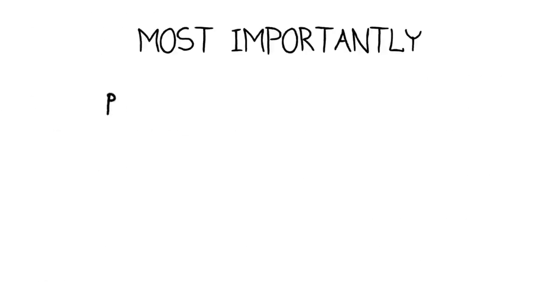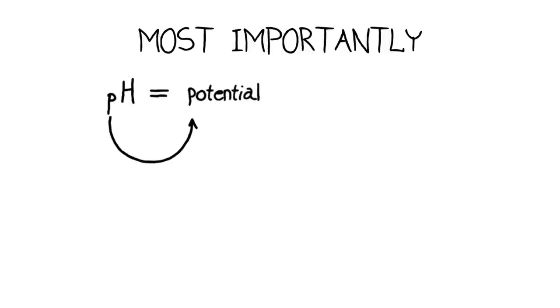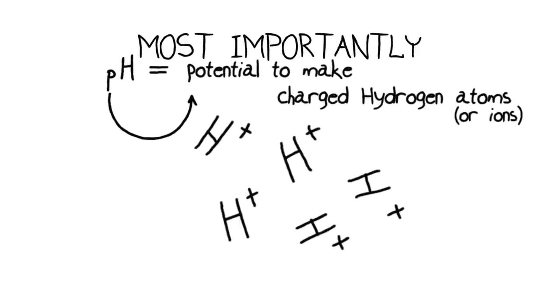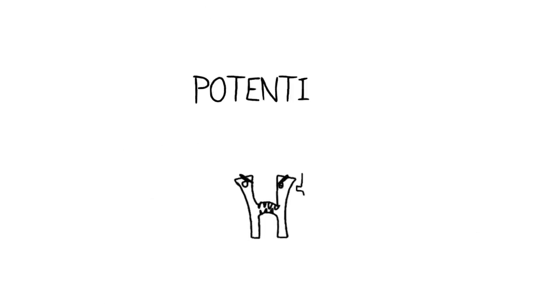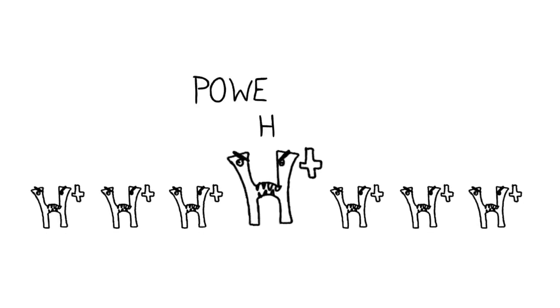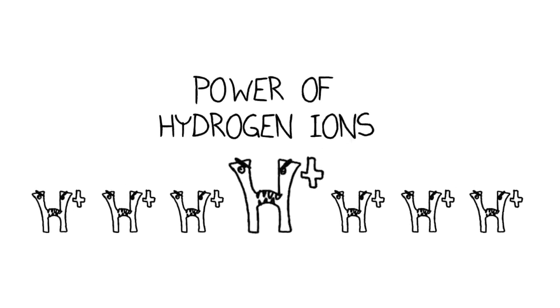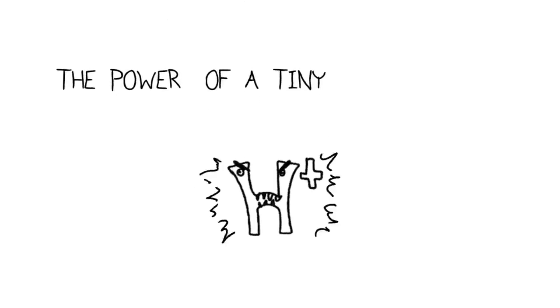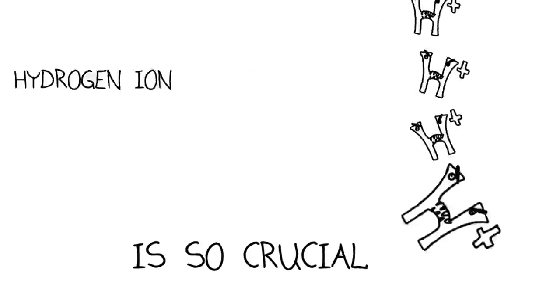Most importantly, pH is a measure of potential. That's where the P in pH comes from, the power or potential of a liquid to make charged hydrogen atoms or ions. Think of pH as potential H, or power of hydrogen ions. We'll see in a moment why the power of such a tiny thing as a hydrogen ion is so crucial.